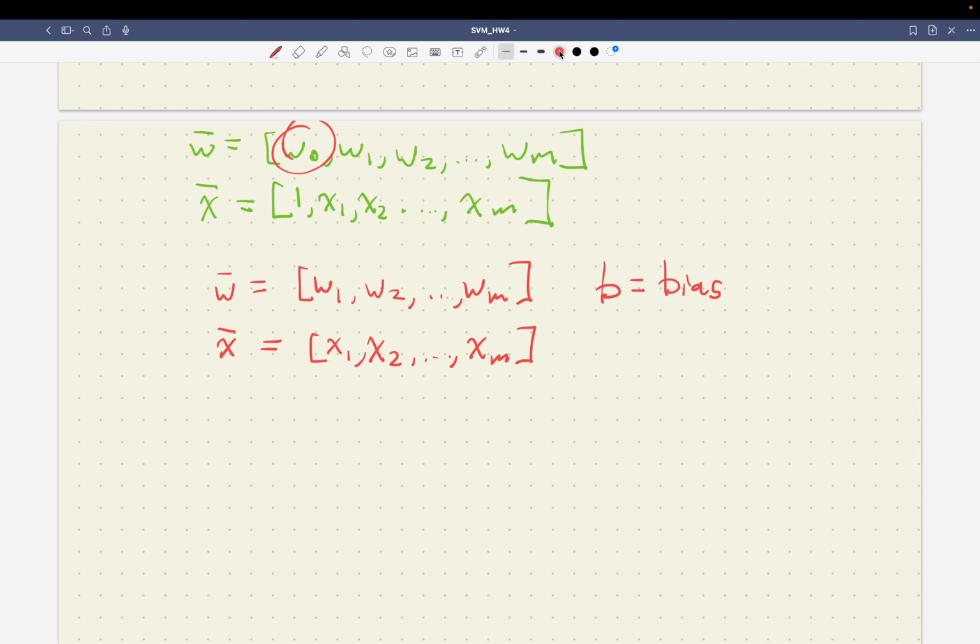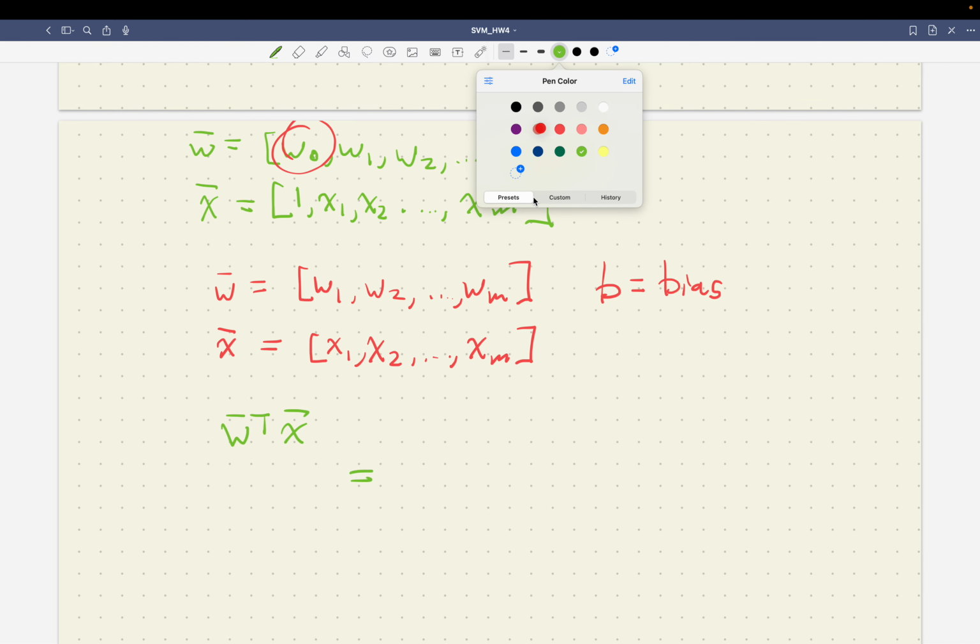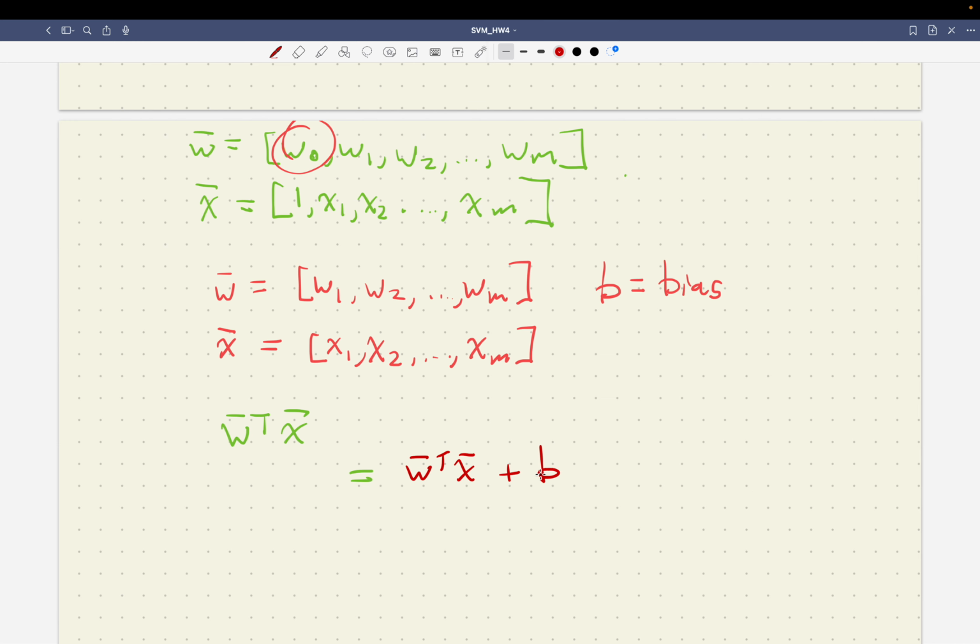Okay, and what's the difference? So in green, with the way I've defined these things, if you write WT X, that's the same thing as, in red, WTX plus B. Do you see why?